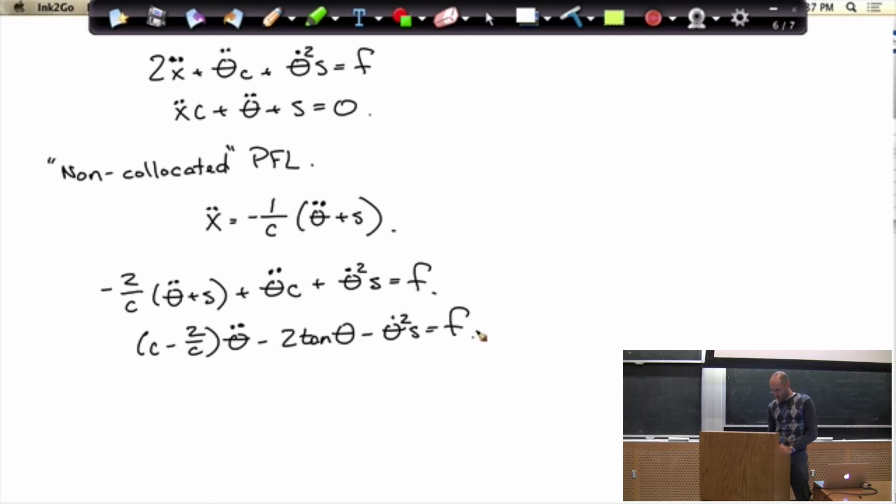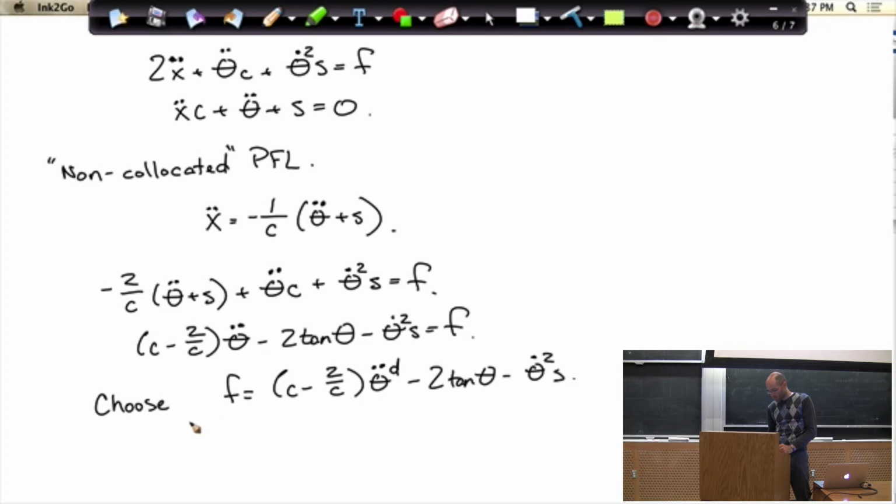So now I can choose my dynamics to regulate the dynamics of the cart by just doing the partial feedback linearization. And that works most of the time, but it's not quite as good as before, right?